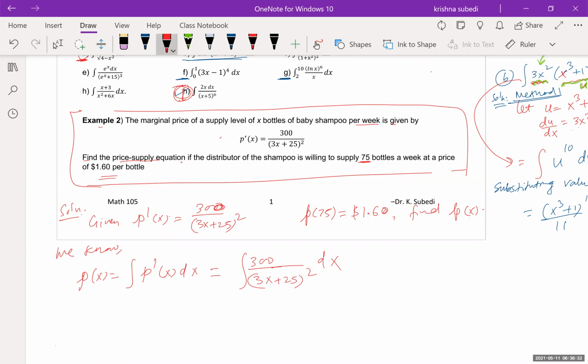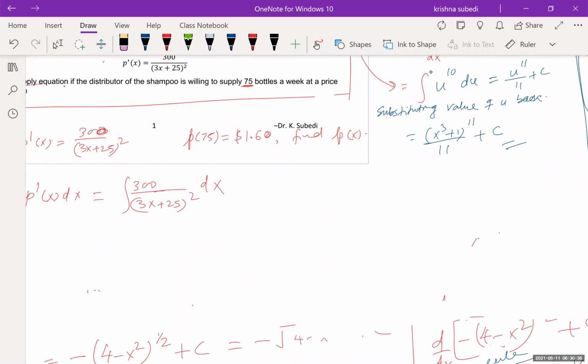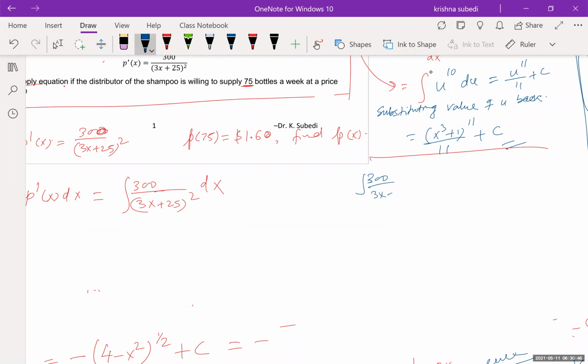Let us evaluate the integral, and then I will copy and paste it there. To evaluate 300 divided by (3x plus 25) squared dx, your u will be 3x plus 25. So du over dx is 3. This gives me du over 3 equals dx.